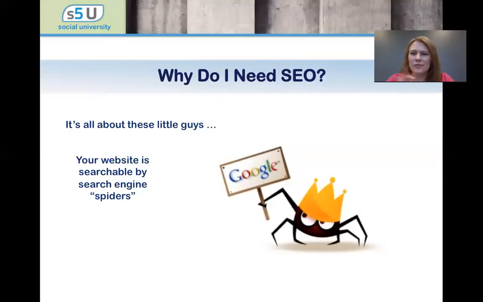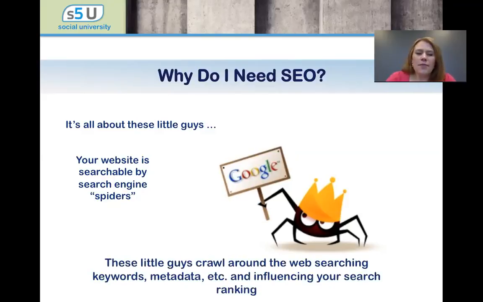Instead of actual machines or something, but they crawl around on the web and look for different search terms and different data that they can use to rank you in a search. So again, they're looking at your metadata, the keywords on your website, and they're what influence your search ranking. So all these things that we're doing to improve your SEO are trying to get these spiders or algorithms to notice your page more.